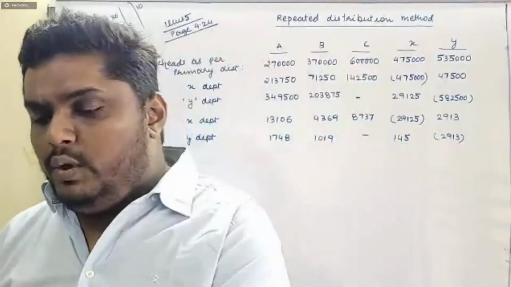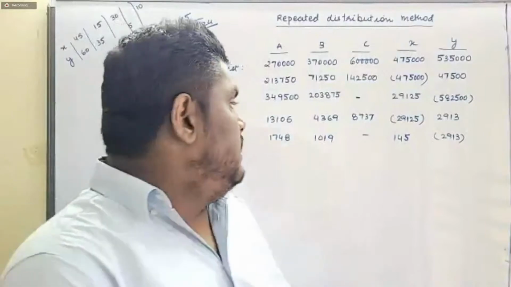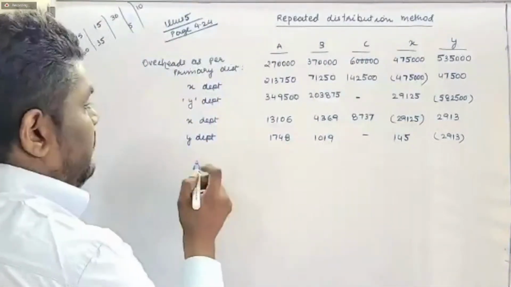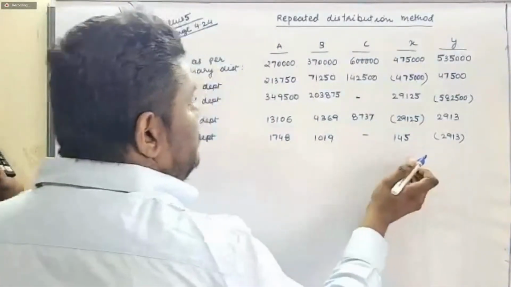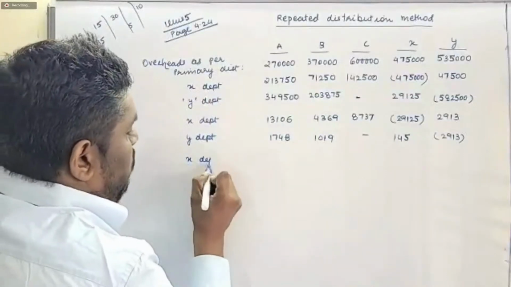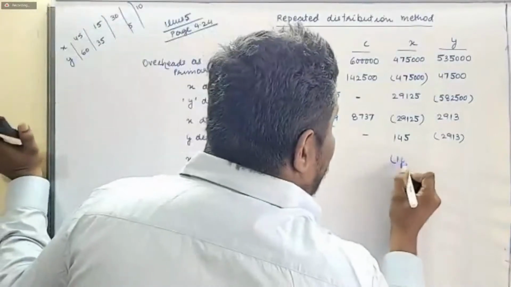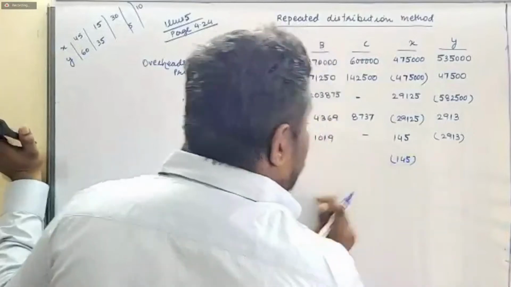If you guys have any queries till now, you guys can ask me. Now let's proceed further. Again, we have to distribute the overheads of department X, wherein 145 will be minus 145.